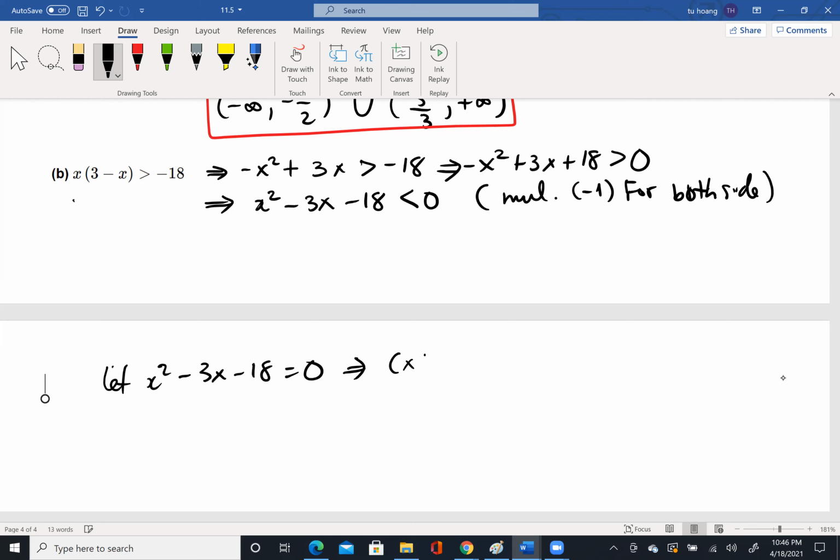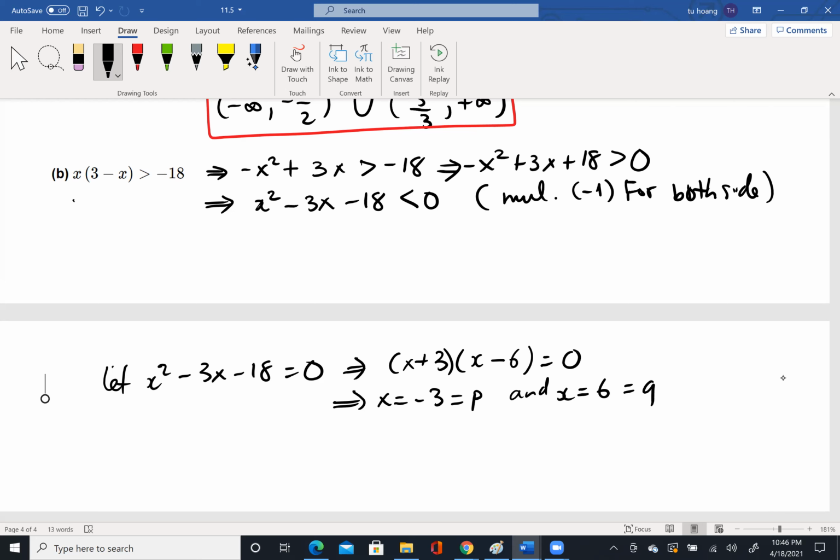After this, I have x plus 3 times x minus 6 equals 0. Then I have x equal to negative 3 or x equal to 6. And since you have these, let negative 3 be P and x equal to 6 be Q, right?